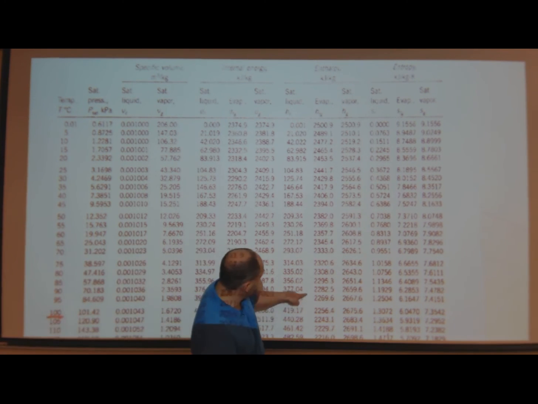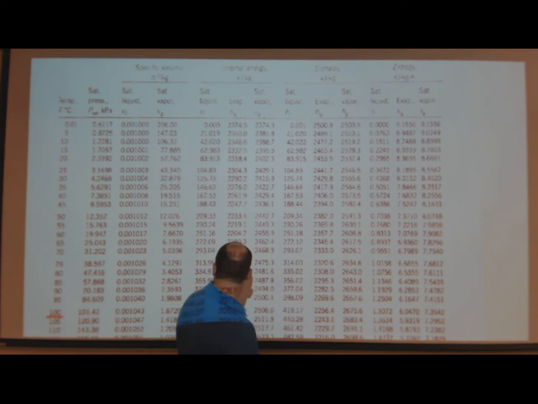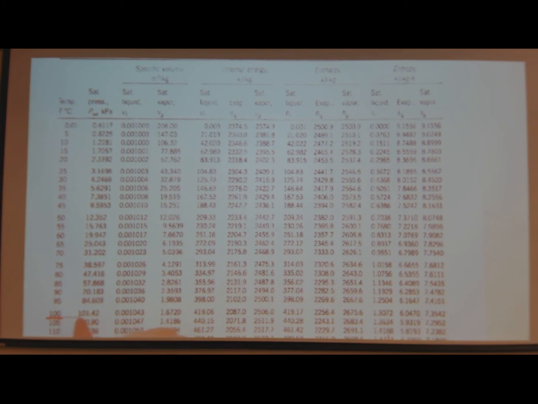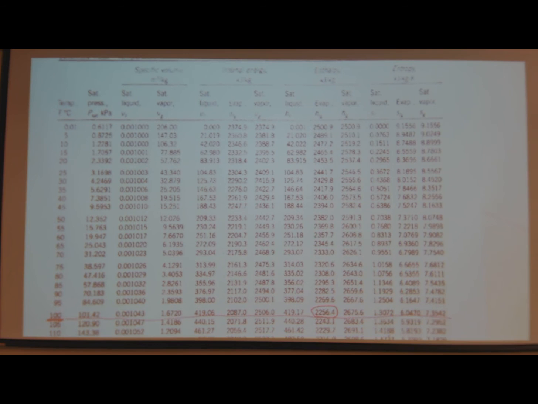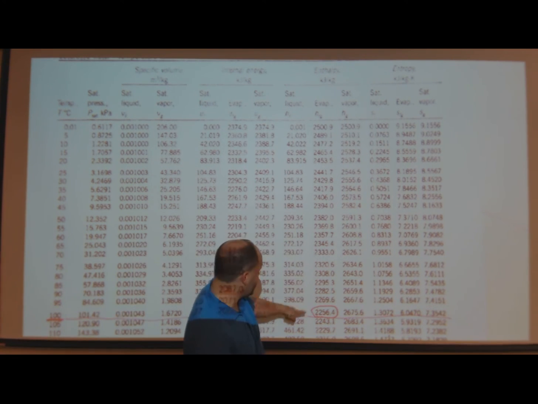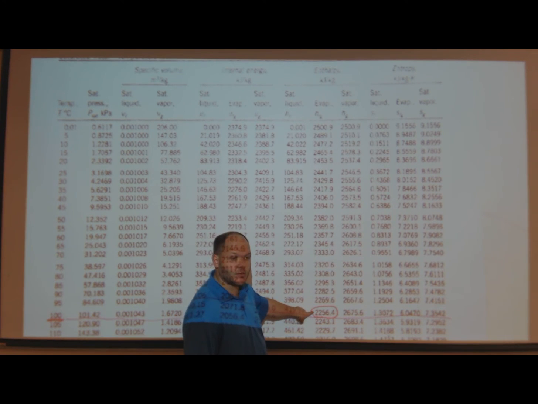Come all the way across. I look at HFG, so I'll just put a line on there, and then HFG, I circle that. It has units, right? Kilojoules per kilogram. That's the latent heat of vaporization.